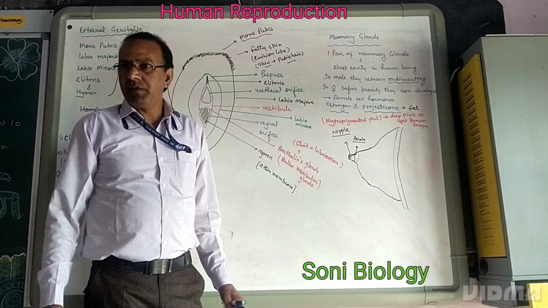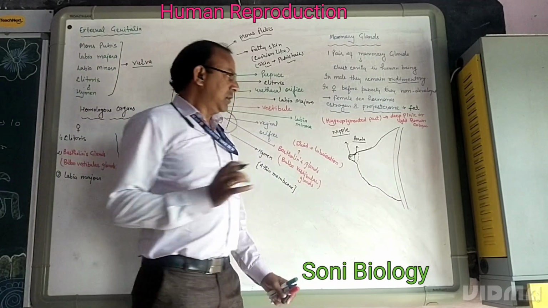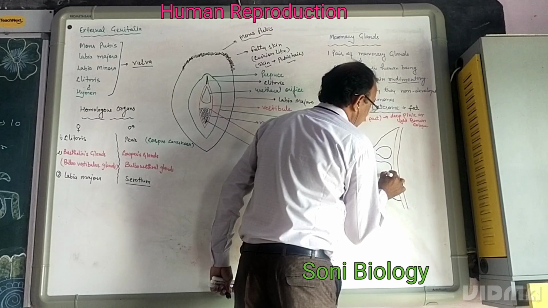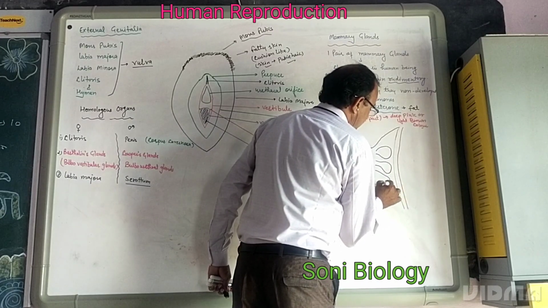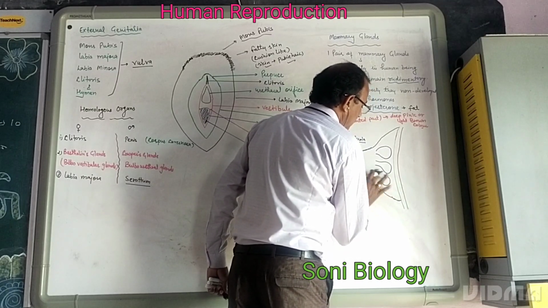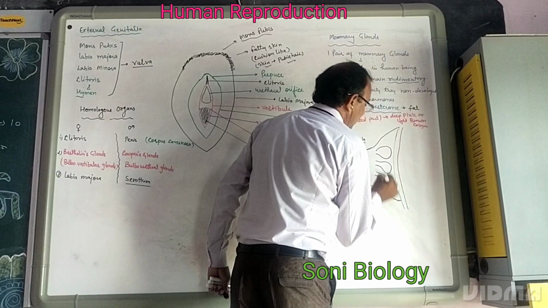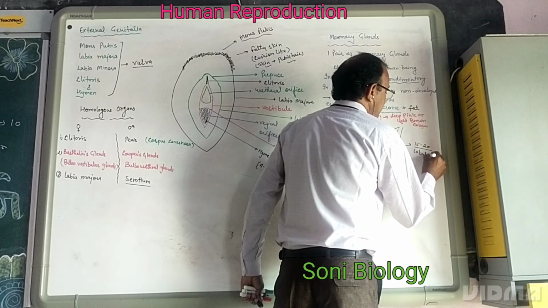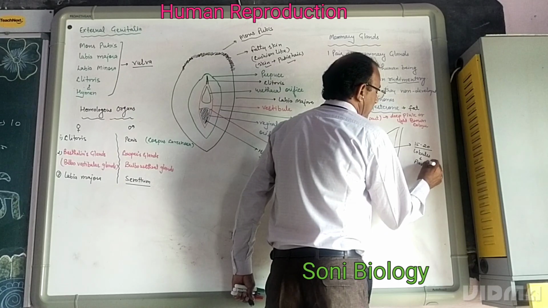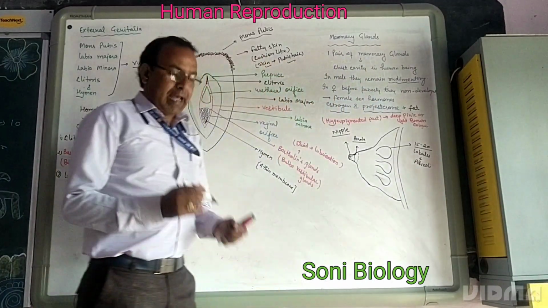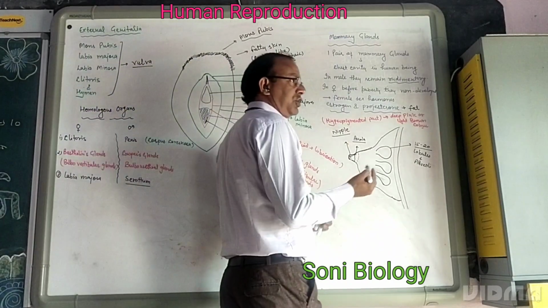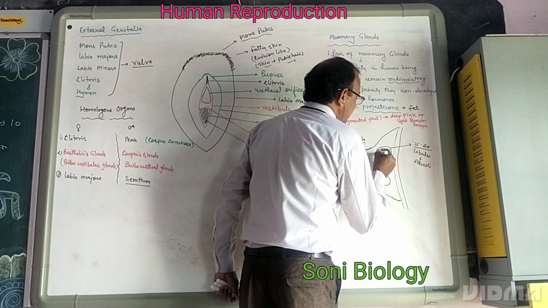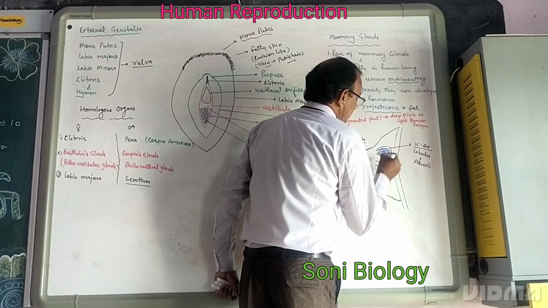Each breast may consist of 15 to 20 lobules, or you can say lobes. Inside these lobules there are grape-like structures which are known as alveoli, which produce the milk.